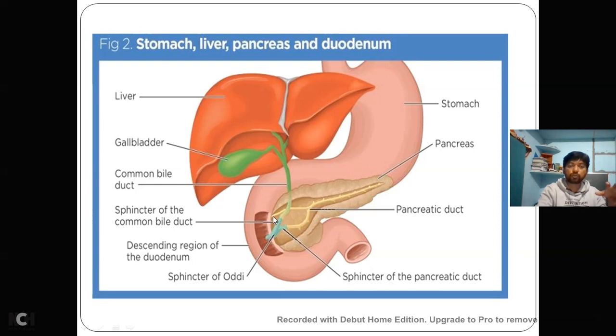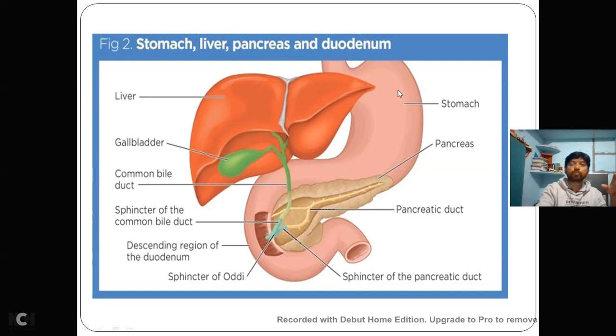The common bile duct and the pancreatic duct combine together and form the hepatopancreatic duct, and they release the bile and the pancreatic juices into the duodenum.